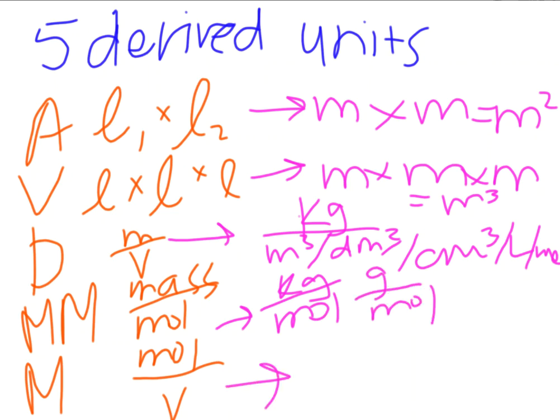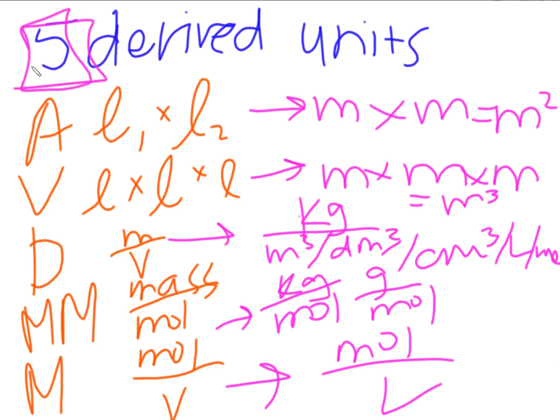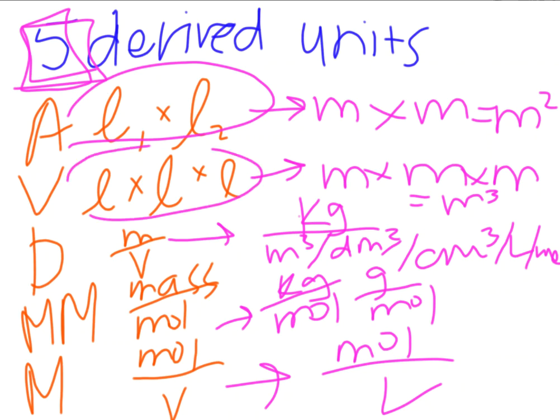And finally, for molarity, it's going to be moles over volume. So those are your 5 derived units. It's really important to know at least these first formulas because you will be using them and applying them in the future in chemistry. Now finally, let's go over our 6 prefixes.